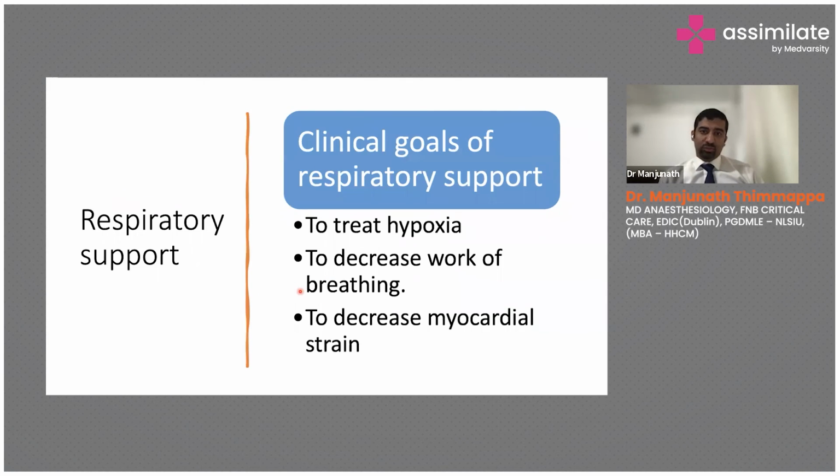So with all this about monitoring, now comes respiratory support. I've dealt with most of the support already. The goals of respiratory support are to treat hypoxia, to decrease the work of breathing and also to decrease the myocardial strain.